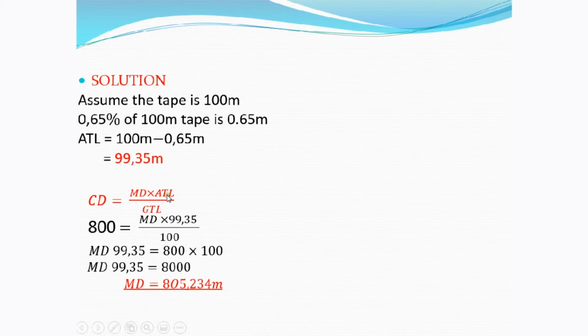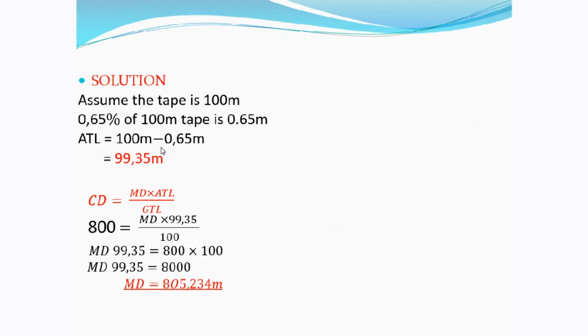So here we'll use the formula where we need to calculate the correct distance, even though we were told that the correct distance is 800. Okay, and our measured distance, we are looking for the measured distance, and our actual tape length, we need to first find the actual tape length as well as the graduated tape length.